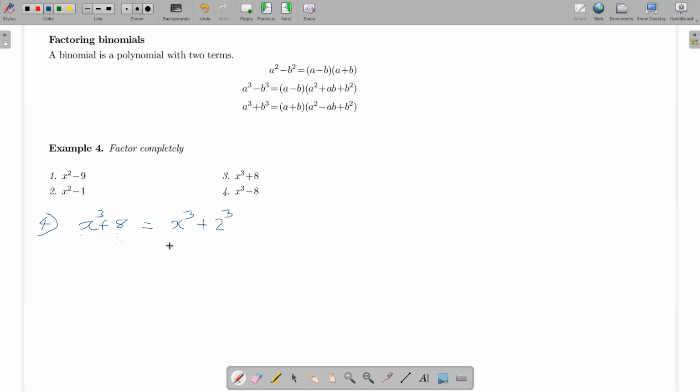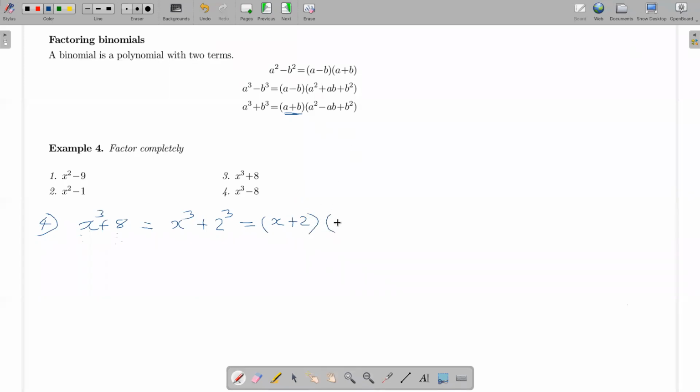Now if I compare this one, a is x, and b is 2. So I apply this formula. Here I have a plus b, no? So a is x, and b is 2. So x plus 2.